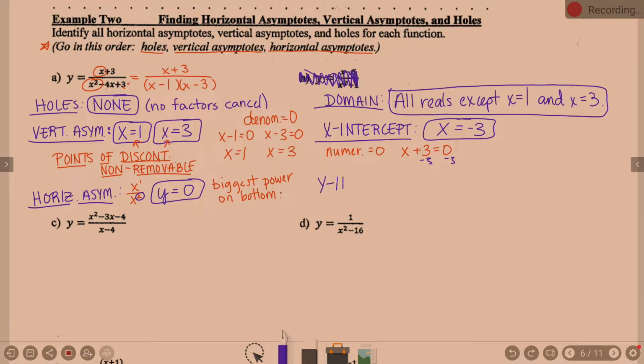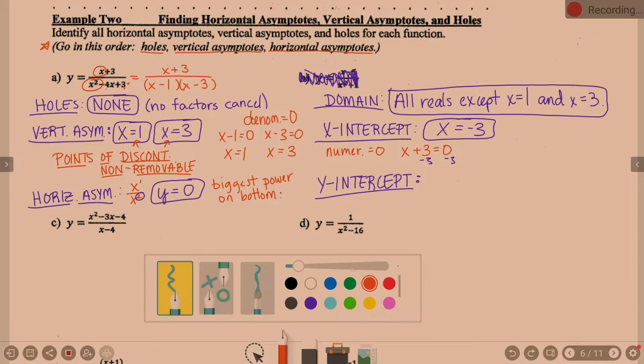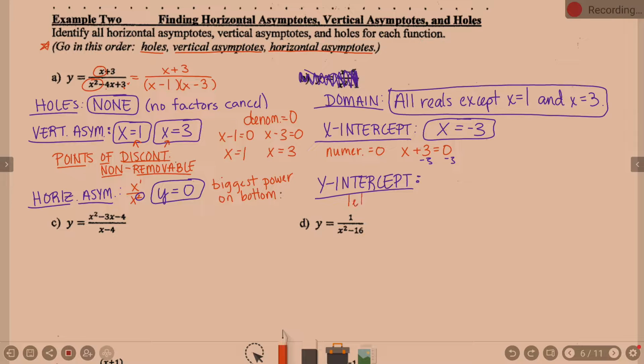And finally, a y-intercept. What did it say to do for y-intercept? Put 0 in for x. Okay. Let x equal 0. So take either your original equation or your factored equation, either or, and put 0 in for x.